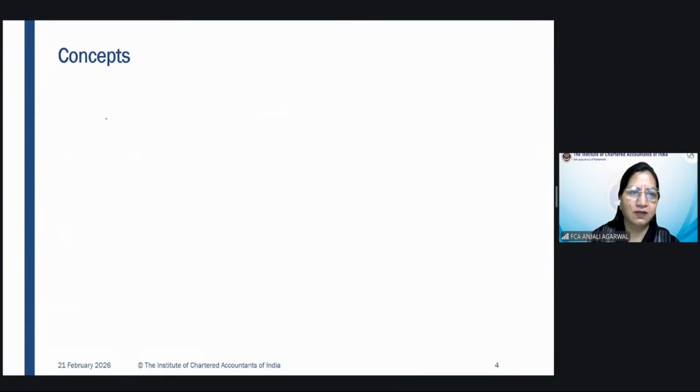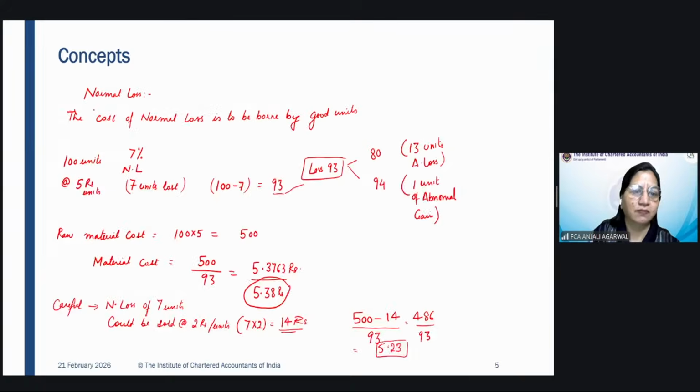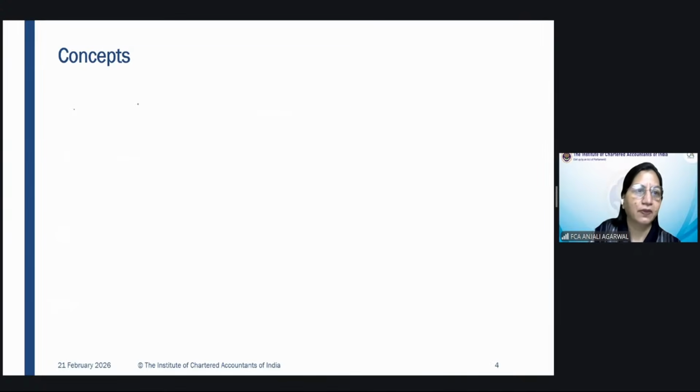I will draw a parallel here with a story so that you understand properly. Let's say you are 5 friends, very close friends, and you want to go for a trip.